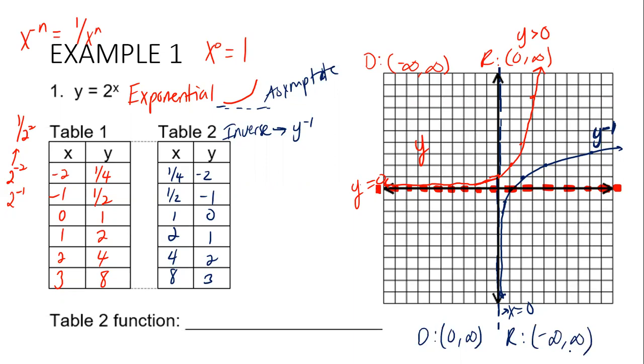So when you have two functions that are inverses of each other, their domain and range are the opposite. That's because what did we do to the table? We flipped it, right? We switched our x and y values. So of course our domain and range have to also flip. Our domain would be x is greater than 0.